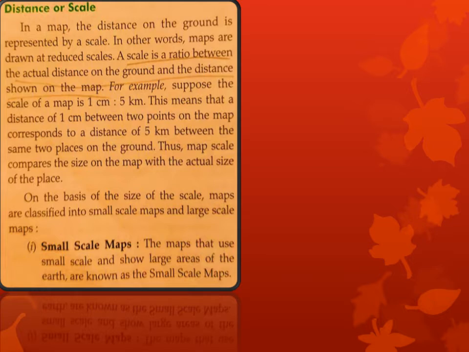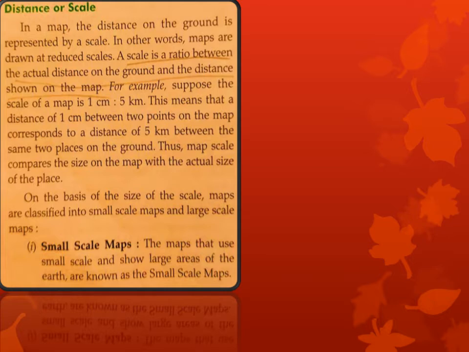As you know, the areas are very large, and we cannot make the map the same way as it is on the ground, because such large areas would need a very large piece of paper, and that is not possible. So the distance on the ground is decreased, and the map is made according to a scale.